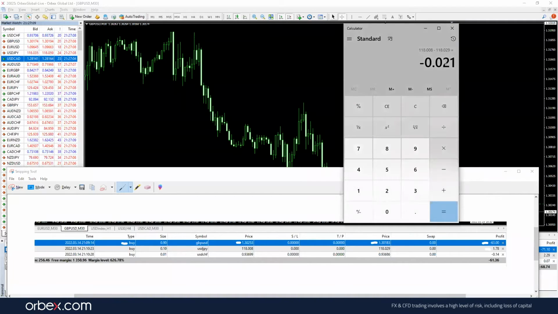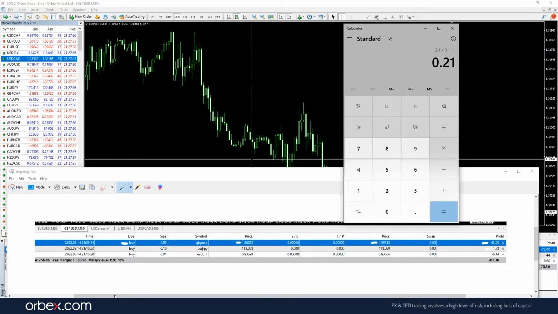So as I said, with the yen pairs, it's the second digit after the decimal point. This is 2.1 pips. So that's my profit at the moment. So 2.1 pips, and we are going to multiply that by the volume. So times 0.1. So 0.21, and then we're going to multiply that by the pip value.